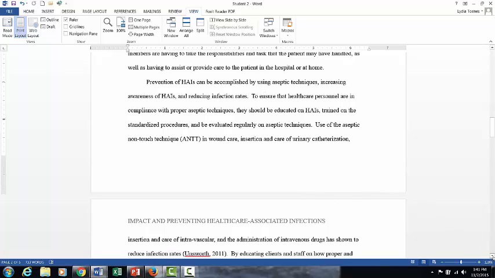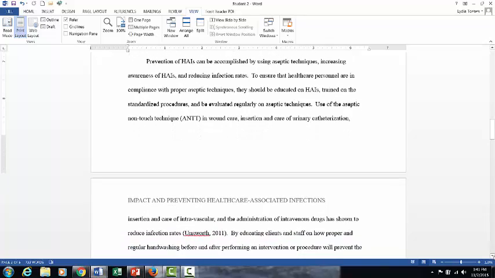Just to summarize, the rest of this paragraph talks about education and staff. However, the first statement really doesn't talk very strongly about education, such as prevention of HAIs. HAIs can be accomplished by using aseptic techniques, increasing awareness, and reducing infection rates, which was my directions. However, the rest of the paragraph talks about education.